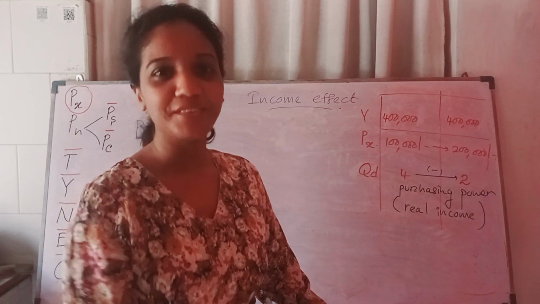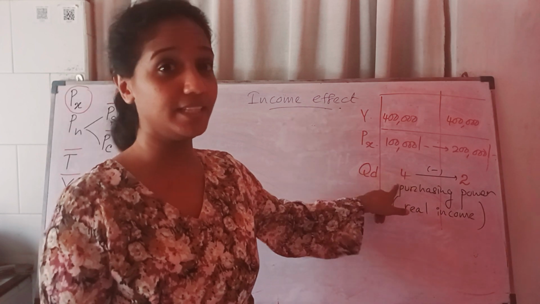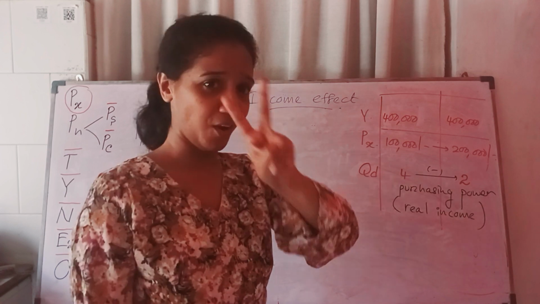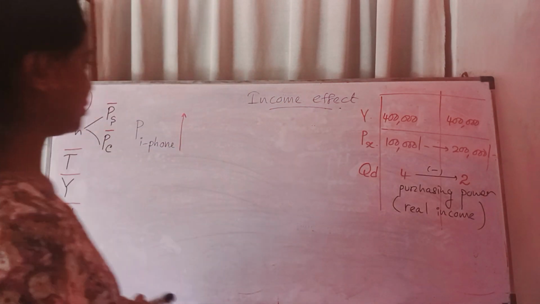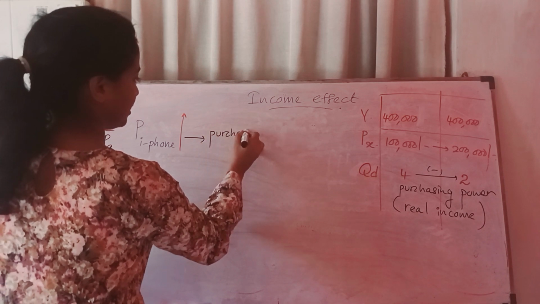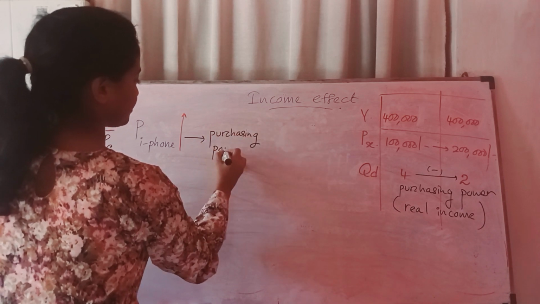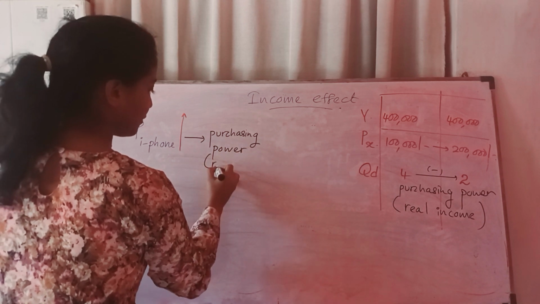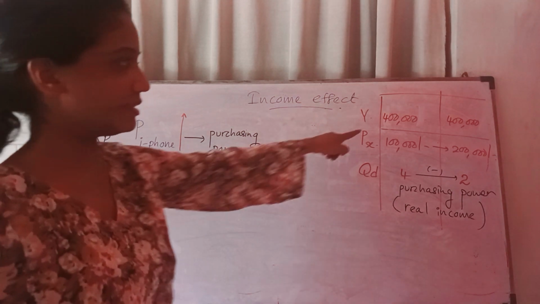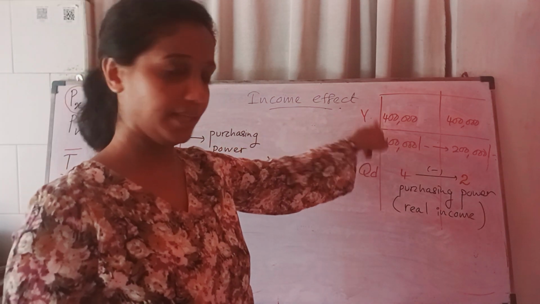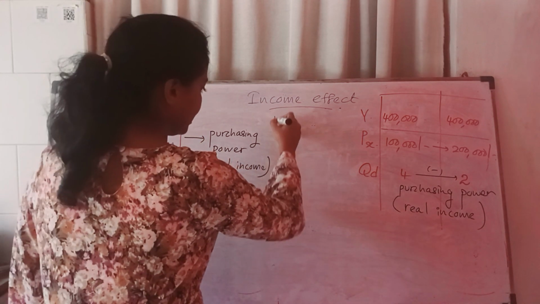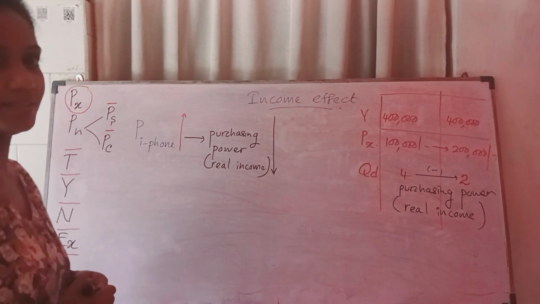It reduces. අපිට කලින් iPhones 4ක් ගන්න පුළුවන් වුණා. හැබැයි දැන් ගන්න පුළුවන් only 2 units, right? So, what happened to the purchasing power of the people? Purchasing power or the real income, not the nominal income, children. This is nominal income, your salary. This is real income, your purchasing power, right?